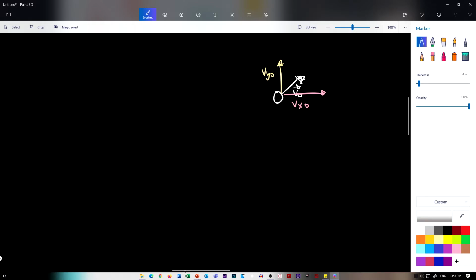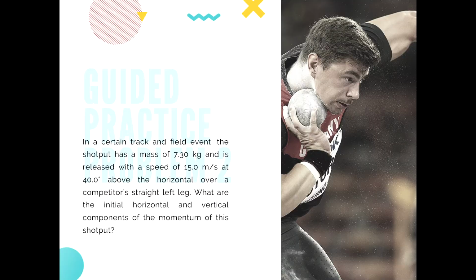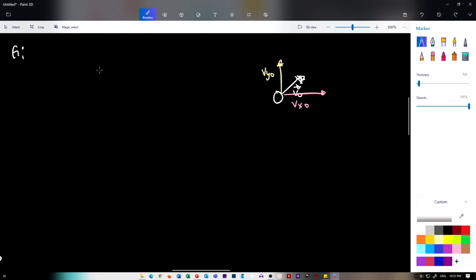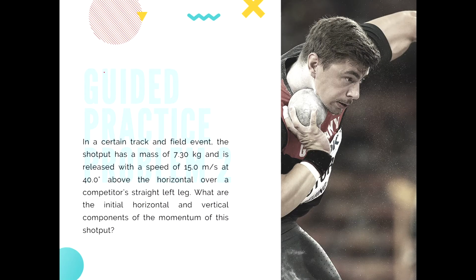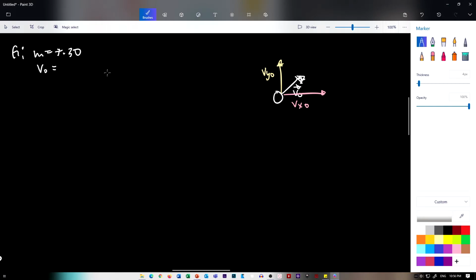Okay, so let's proceed. We have given, first, a mass. So let's place a mass here. That's 7.30 kilograms. We have initial velocity of 15 meters per second.